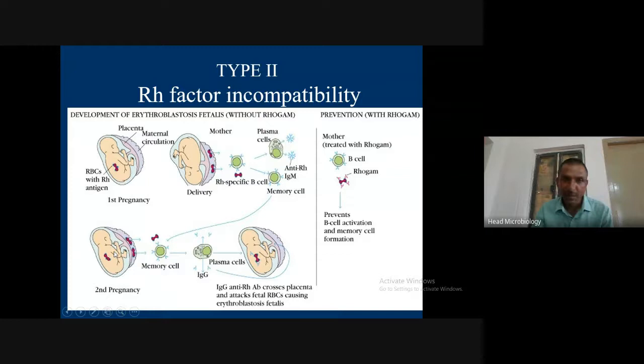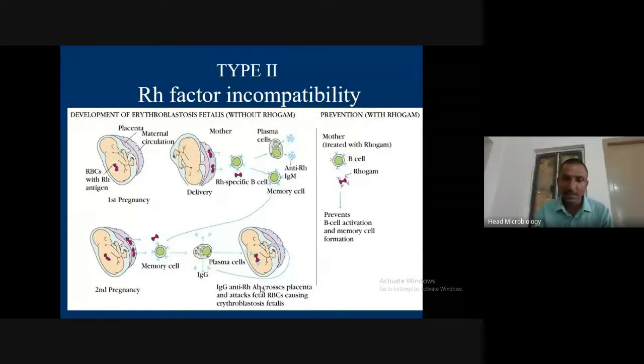The memory cells and plasma cells produce anti-Rh antibodies that cross the placenta and attack fetal RBCs, causing erythroblastosis fetalis.